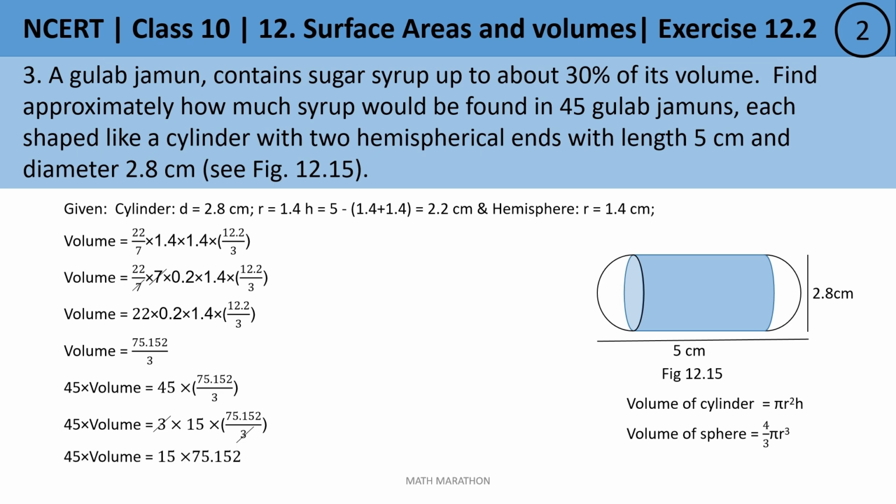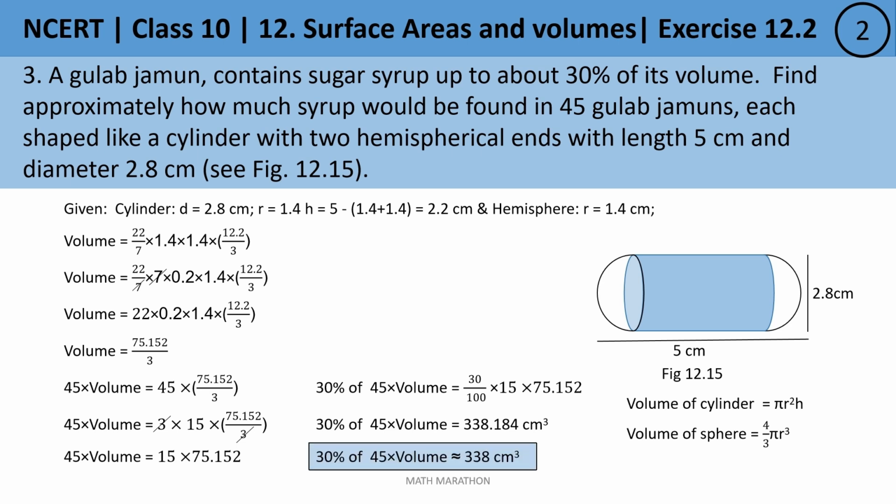Volume of 45 gulab jamun is 15 multiplied by 75.152. Now, let us find the 30% of sugar syrup in 45 gulab jamuns. 30% of sugar syrup in 45 gulab jamuns is 338 centimeter cube.